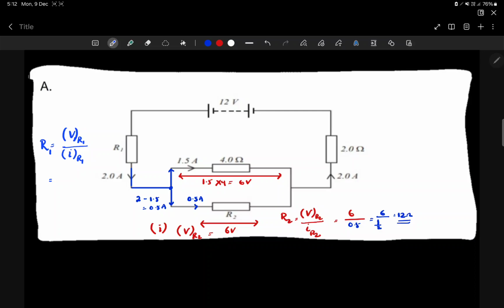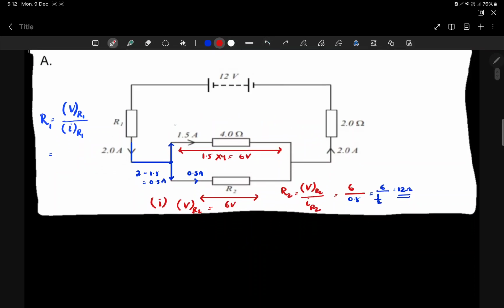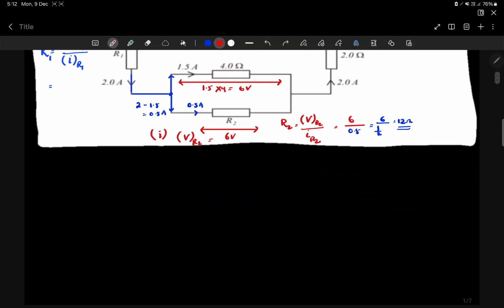So observe this circuit properly. There are three things. Let us name the combination of 4 ohm and R2 as X. Let this be your X ohm. If you draw the diagram again, this is our R1.